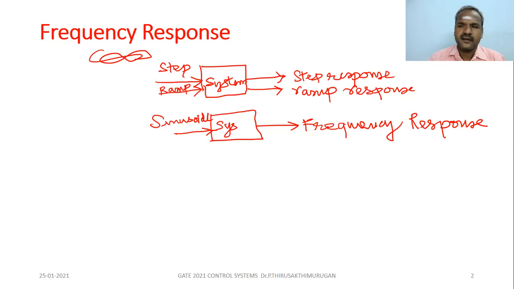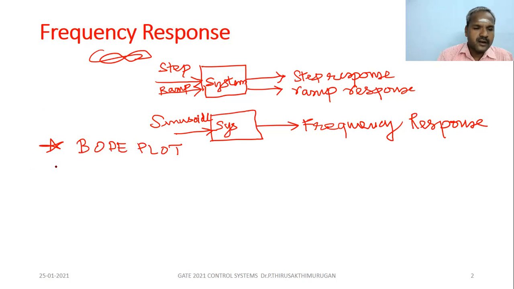In frequency response, there are many plots. Various analysis techniques are available for frequency response. The very basic is the Bode plot.